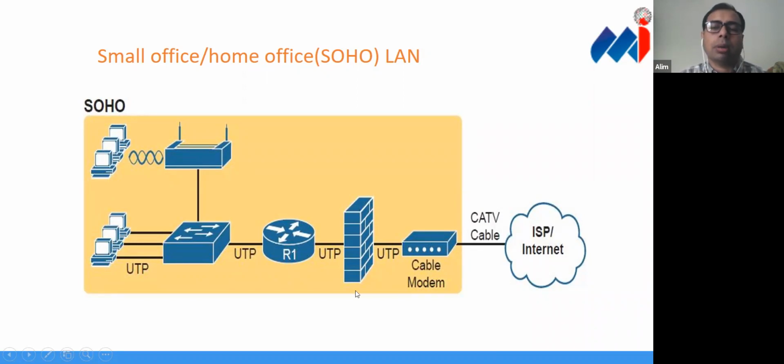And then we may have a firewall, but we rarely use firewall, but we should use a firewall device so that we can protect our network. And then we have a router, and router is connected to a smart switch, which provides connection for some computers for wired connection.